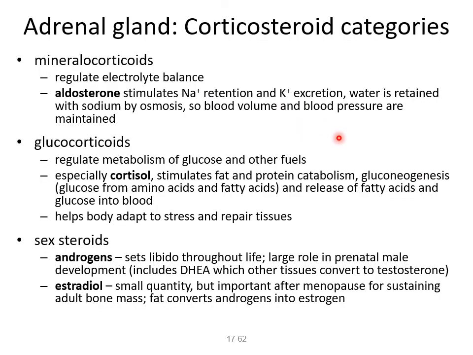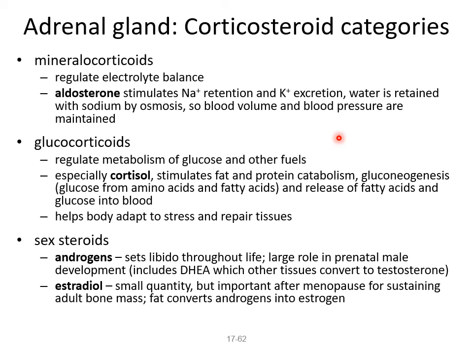The corticosteroid categories for the cortex include mineral corticoids, glucocorticoids, and sex steroids. The sex steroids are obviously the androgens and estradiol. The androgens are the male hormones, but both androgens and estrogens are found in low levels in both genders. It's just that the androgens are higher in men and the estrogens are higher in females.